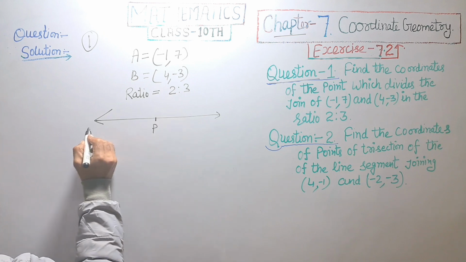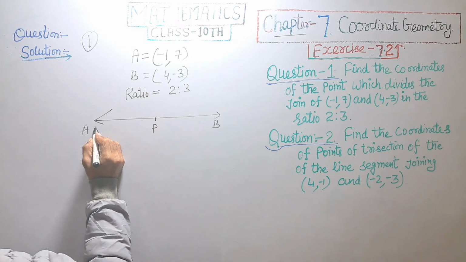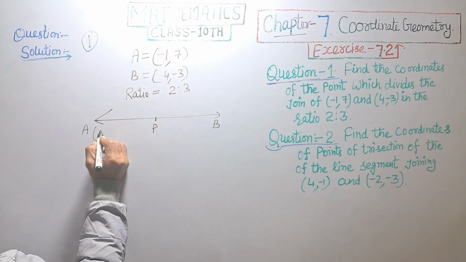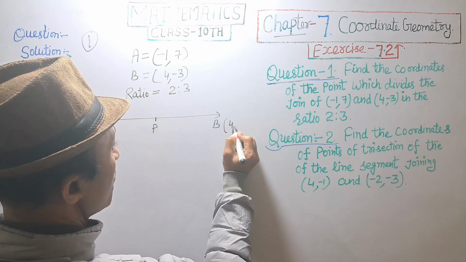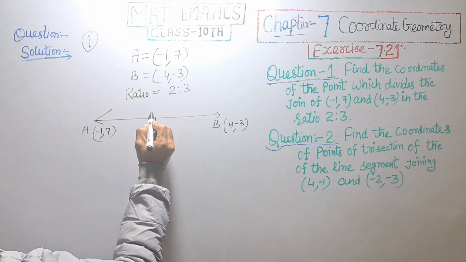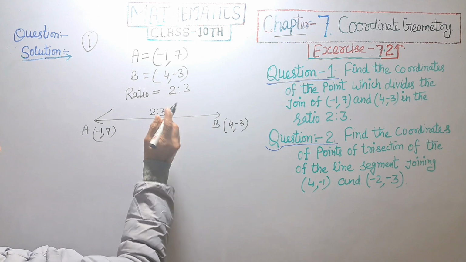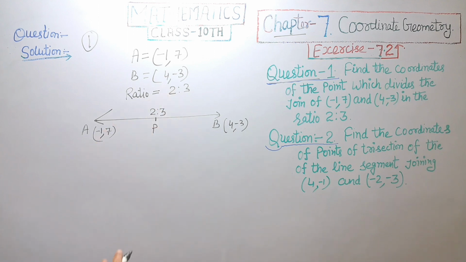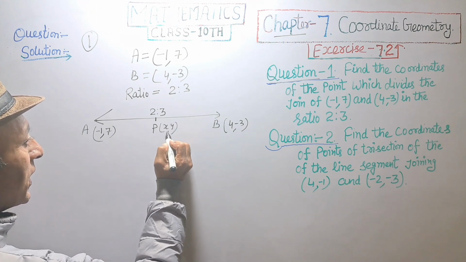that is point P, first point is A, second point is B. Coordinate points of A is -1, 7 and B is 4, -3. Given ratio is 2:3.